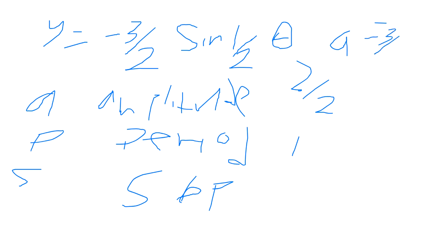Then with period, you said that we divide 360 with a given number. So I divide 360 with 1 over 2 and I got 720. Period is 720. So with step, I couldn't follow.